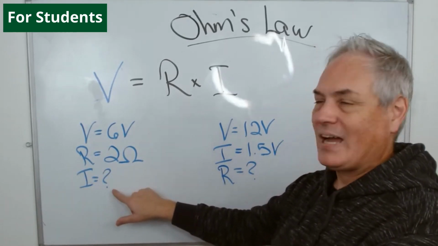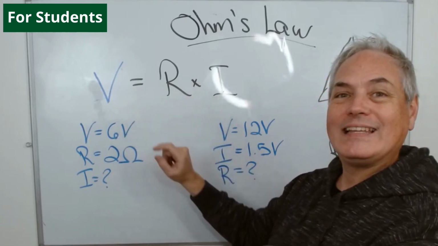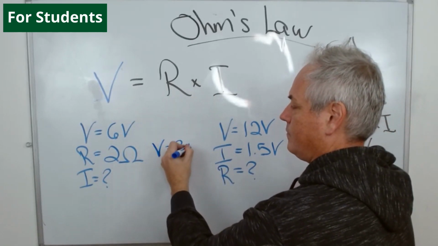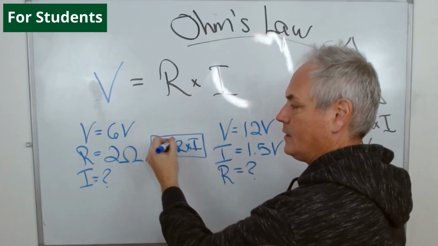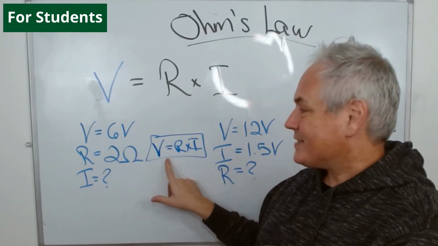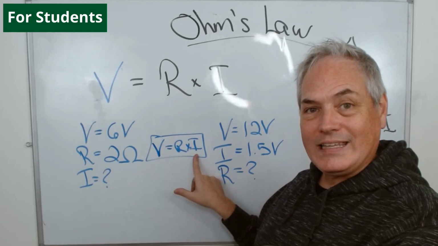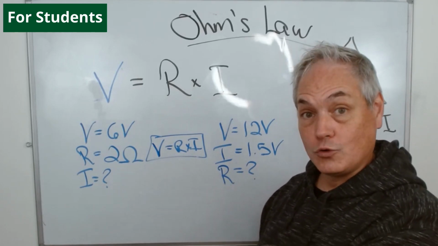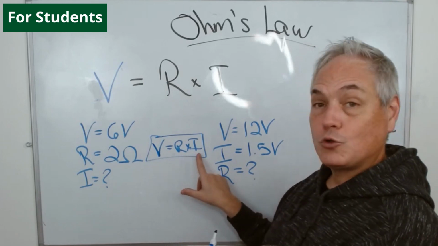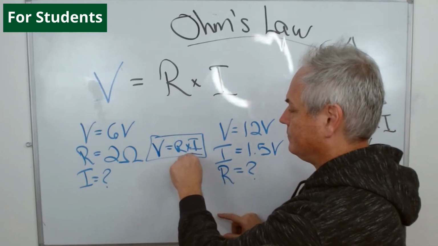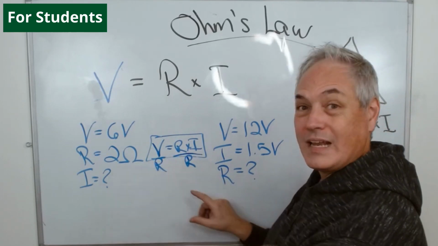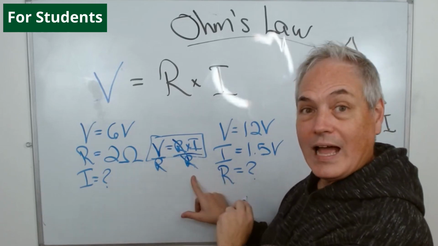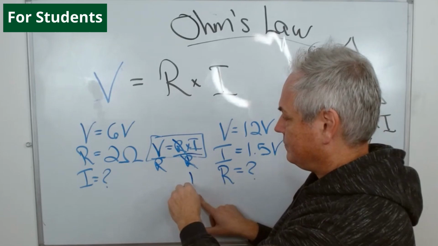Let's look at the equation I have here and see what I need to do. We realize that we have to isolate the I. I'm going to do some algebra, and then I'll give you some ideas and tools afterwards. If I want to isolate I, I will divide both sides by R, and the R cancels out.